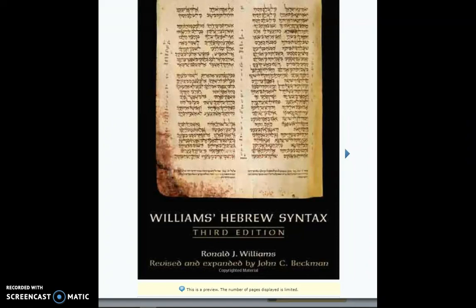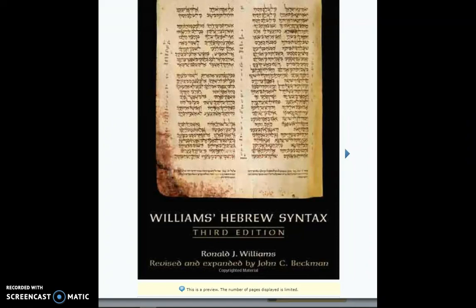It goes through all the various usages, and it'll do that for all the major particles. And so for exegetical purposes, Williams is a very concise tool that will allow you to see what possible meanings a particle might have, and then you can plug them in one by one and see if one or another fits best, or if maybe more than one is defensible.